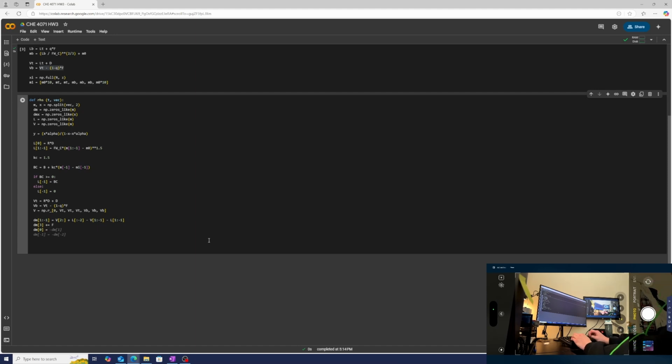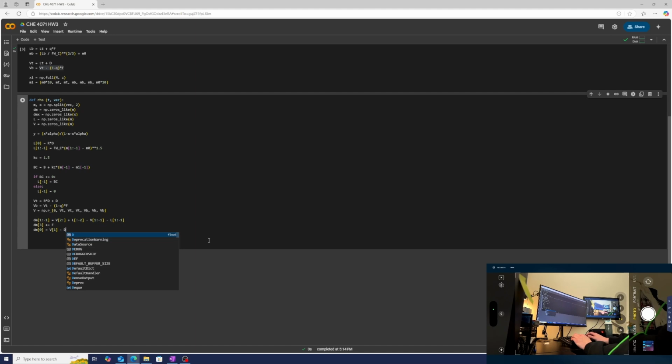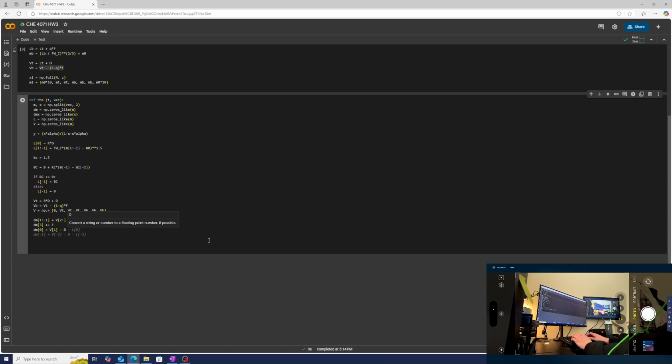So this will be our V1, and then what's leaving is our distillate and our L0, which is just R times D. So D and then R times D.